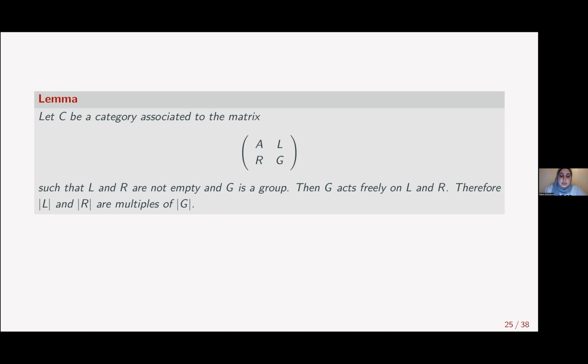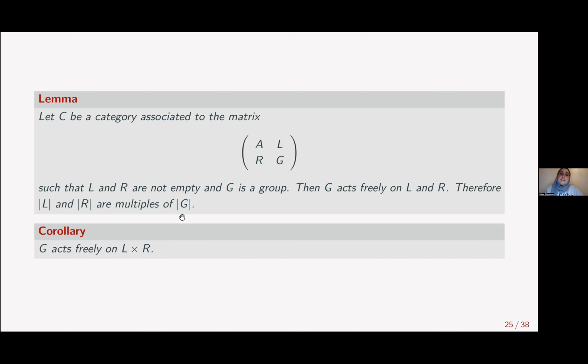And the reason goes actually to the orbit stabilizer theorem, because if we take any element x in L, the cardinal of its orbit is going to be, by the orbit stabilizer theorem, the order of the group over the order of the stabilizer group. And because the stabilizer group is just one, it's equal to the order of the group. Then I have a bunch of elements in L that have orbits of size order of G. So the whole L will be a multiple of the order of G, and the same for R.